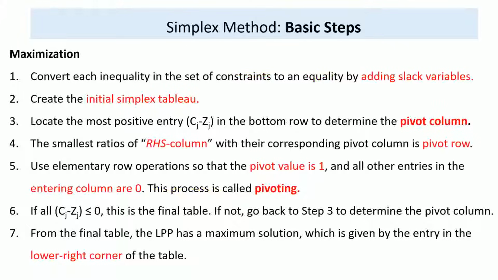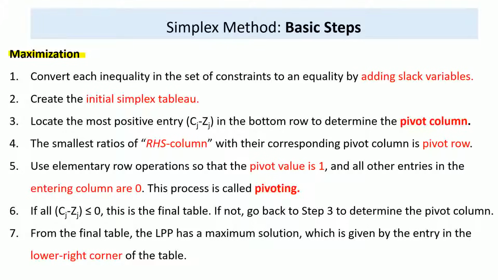Now let us start our discussion of the steps of the simplex method in the case of maximization. By the way, this lesson is prepared for the maximization problem, and I will prepare another lesson in the case of minimization. So in maximization, our objective function is to be maximized.